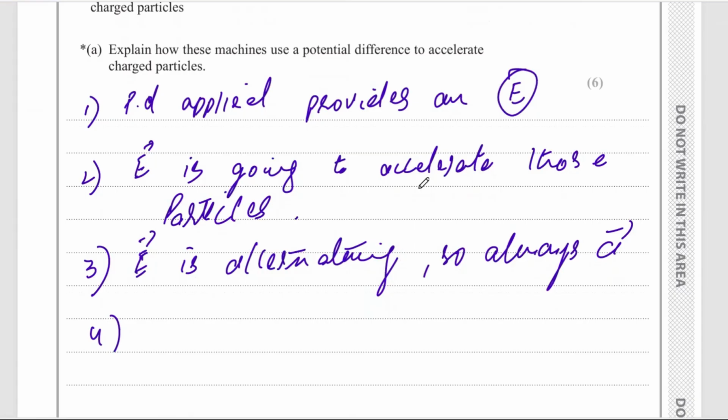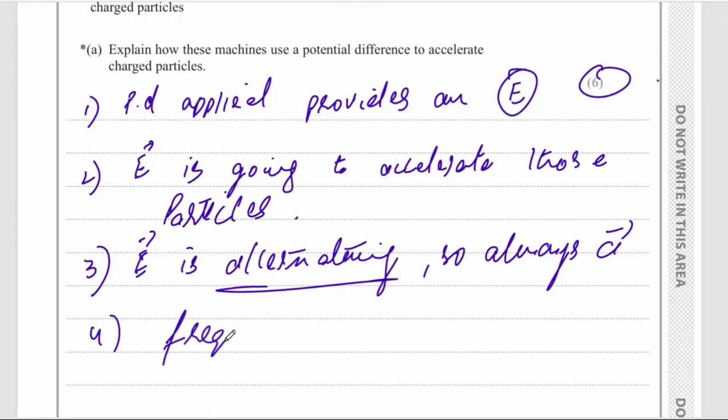So since we're giving it some sort of an alternating current, it would keep on changing the electric field as well. If it keeps on changing the electric field, it would keep on accelerating as well. And if it keeps on accelerating, that is what we need to answer. Only for the sake of 6 marks, I'm just gonna add on some points.